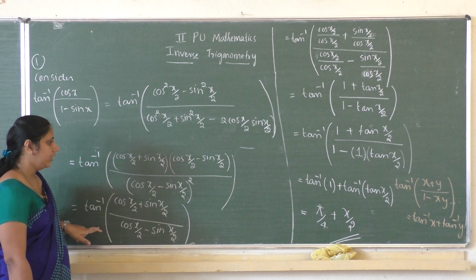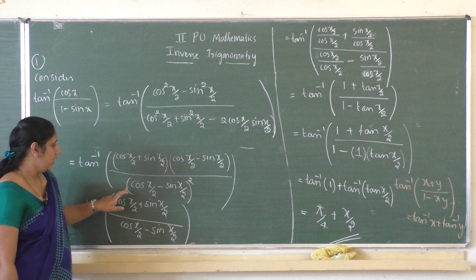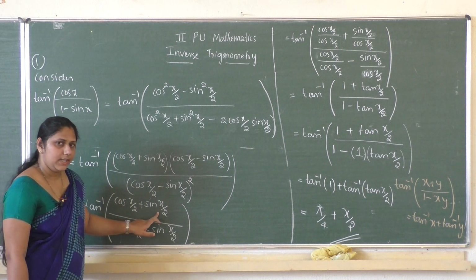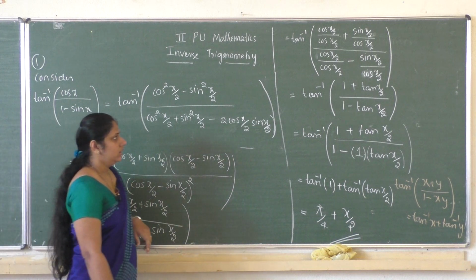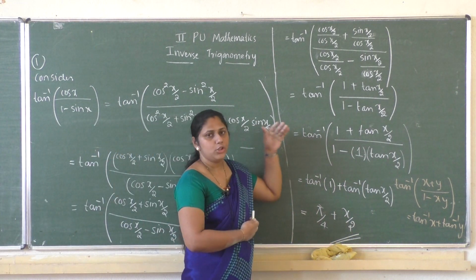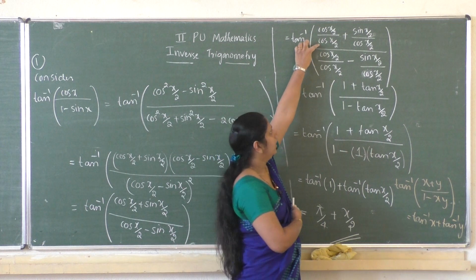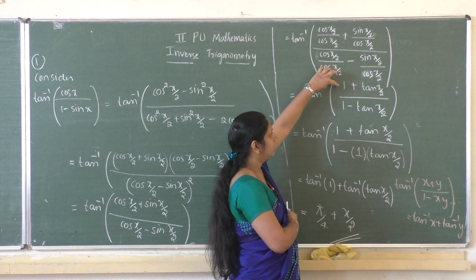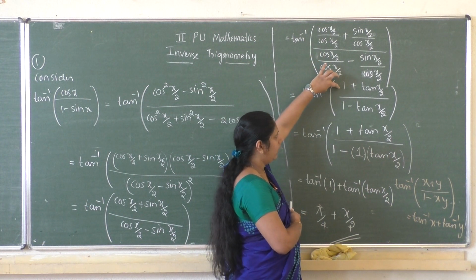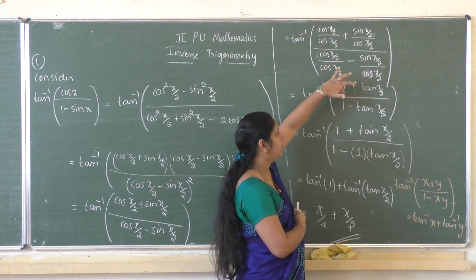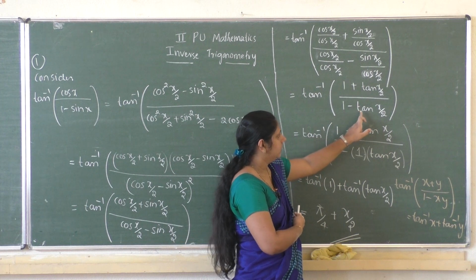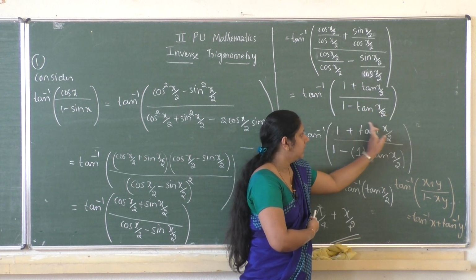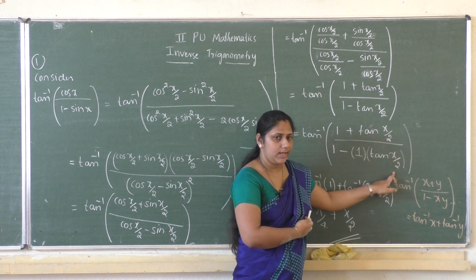So the remaining term will be tan inverse of cos x by 2 plus sin x by 2 divided by cos x by 2 minus sin x by 2. Then you have to divide both numerator and denominator by cos x by 2, then we will get tan inverse of 1 plus tan x by 2 divided by 1 minus tan x by 2. Then just rearranging this term, that is 1 into tan x by 2.